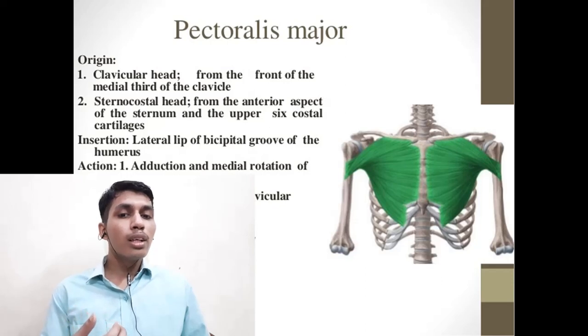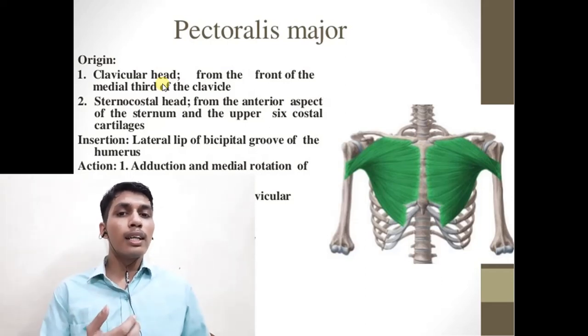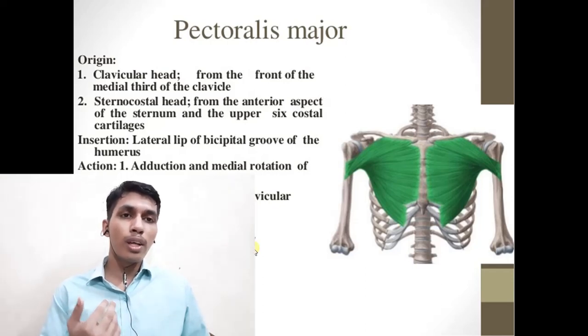So the root value C5, C6 of the lateral pectoral nerve supplies the clavicular head. So the clavicular head purely has a lateral pectoral nerve supply having root value C5 and C6, and the sternocostal head is supplied by the medial pectoral nerve C8 and T1 and the lateral pectoral nerve having root value C7.